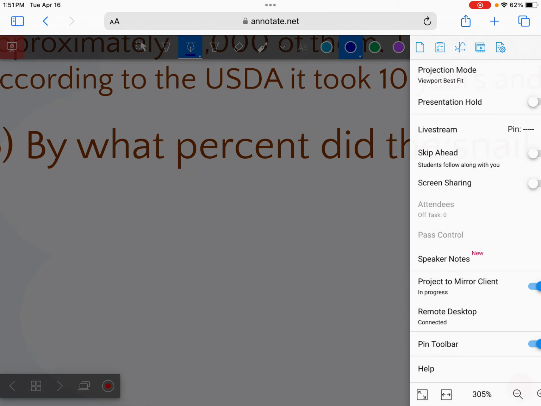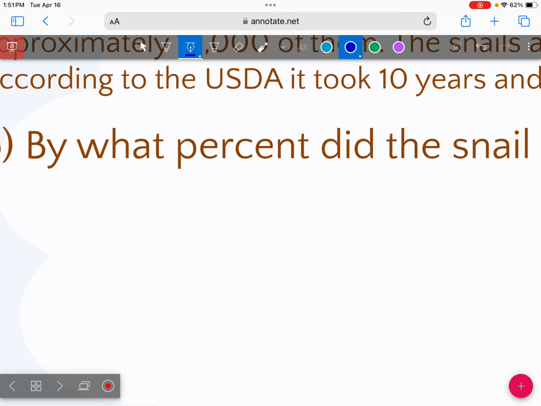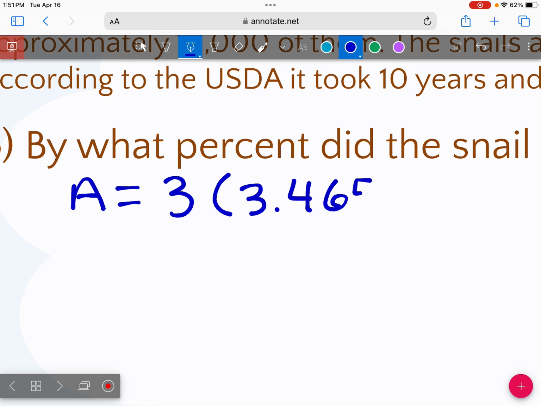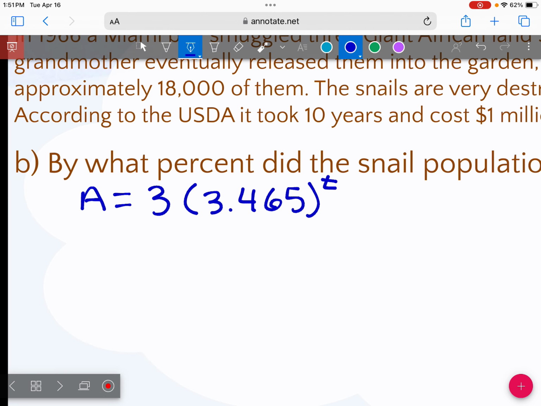Our equation that we just wrote was A equals 3 times 3.465 to the t. And we figured that out by using our 7 years. So by what percent, meaning what is our rate that they grew each year? We found our growth factor. We want our rate now.